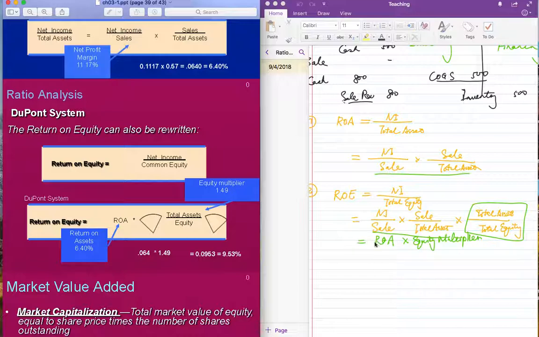How do they maximize ROA? We talked about it already in our first DuPont system. To maximize ROA, you have to maximize your net profit margin, work on cutting costs, or generating more efficiency in sales.